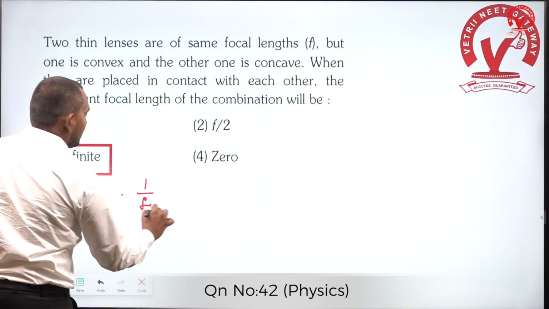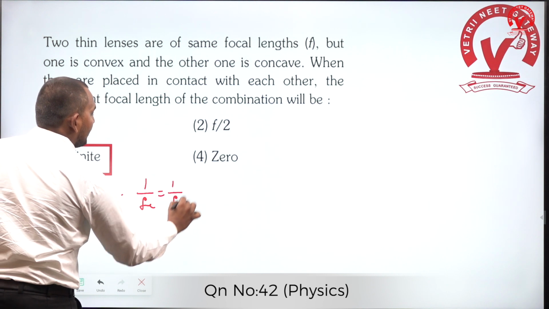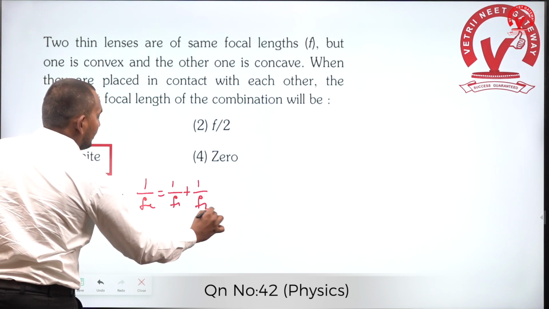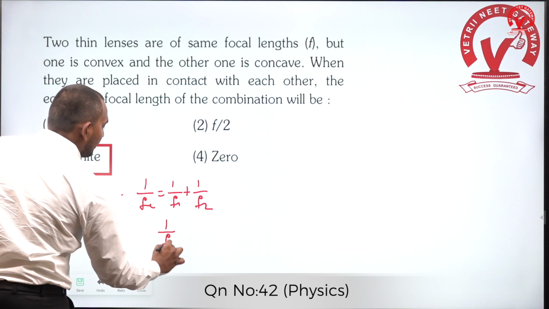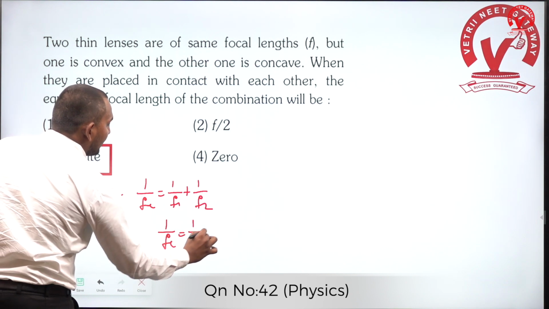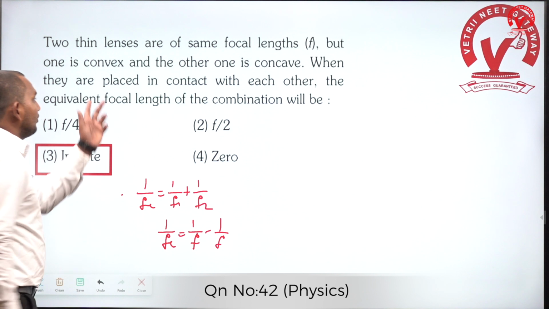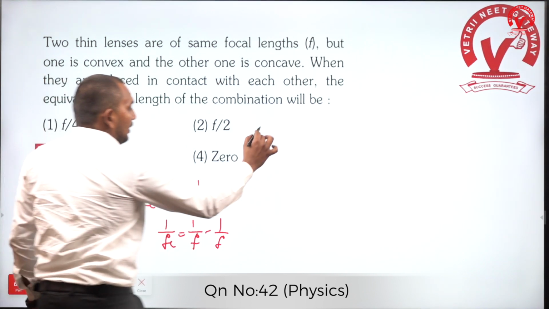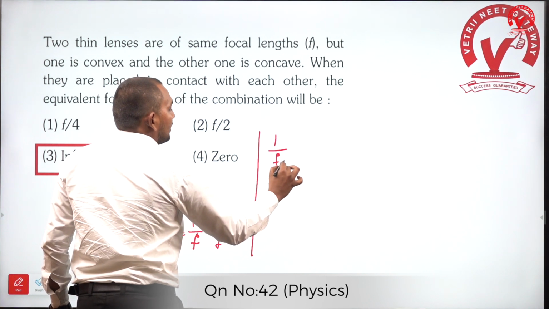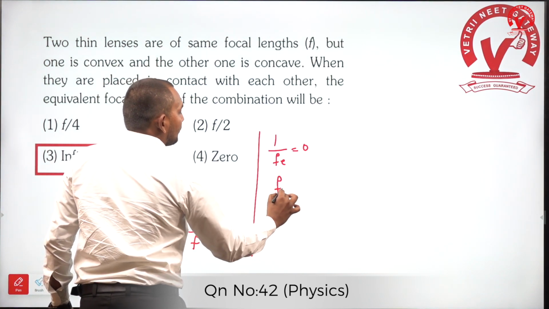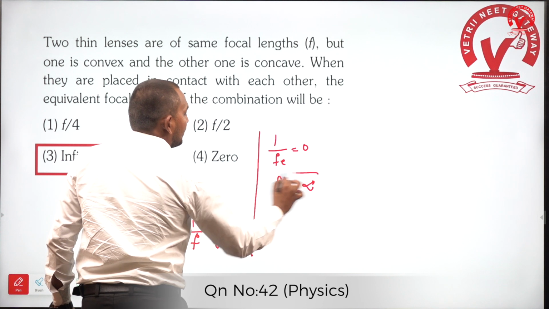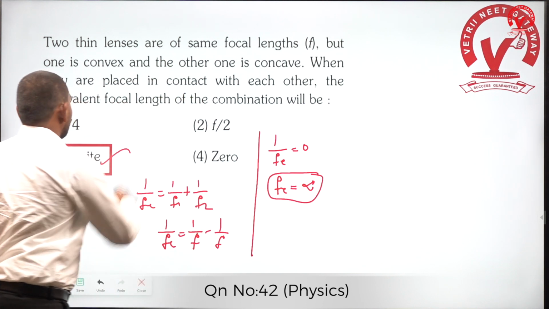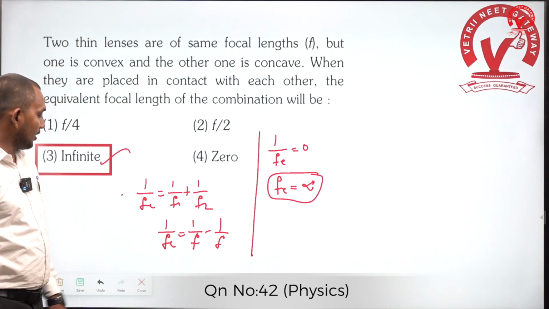So 1 by Fe is equal to 1 by F1 plus 1 by F2. 1 by Fe is equal to 1 by F minus 1 by F. One is convex, another one is concave. We will get 1 by Fe is equal to 0, Fe is equal to infinity. So option 3 is the correct one.